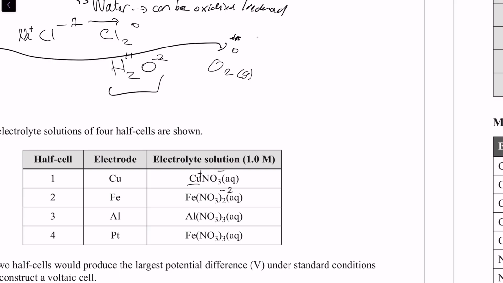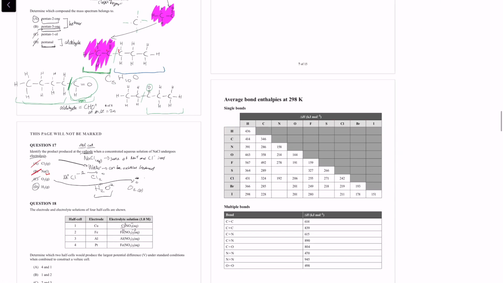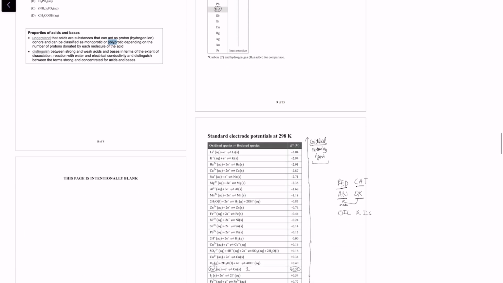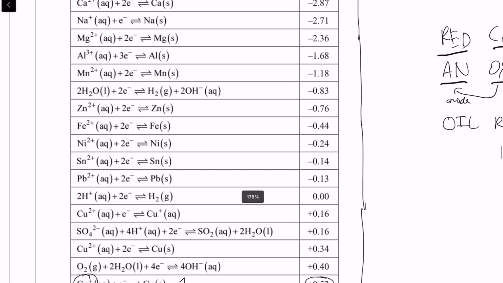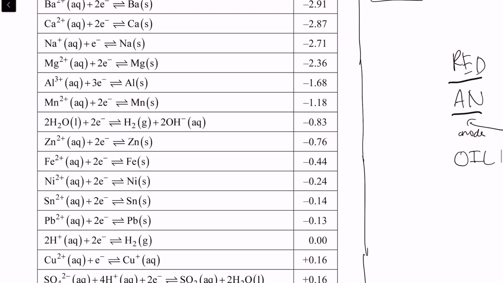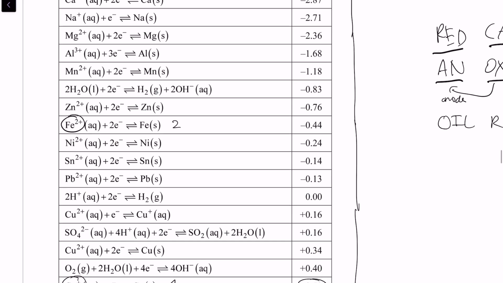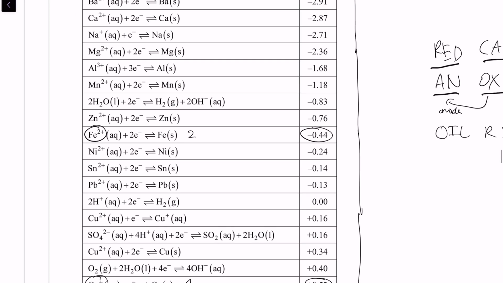That means to cancel that out and have an overall charge of 0, because we're assuming that the overall charge is 0 for all of these electrolyte solutions since we don't have any charge in the top right-hand corner, this Fe is going to be 2 plus. So we are trying to find that Fe2 plus, and we know that it's at this one right here, and we have the value for that as -0.44.